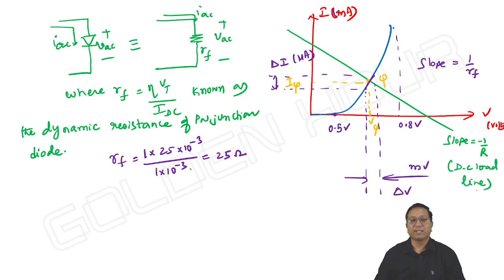Why the name DC load line? I will come to that point. See the difference between the circuit equations with respect to DC. With respect to DC, I is equal to minus 1 by R into V plus V input by R, so we got the DC load line. The AC load line I have not yet written. We will see that first, operating point.